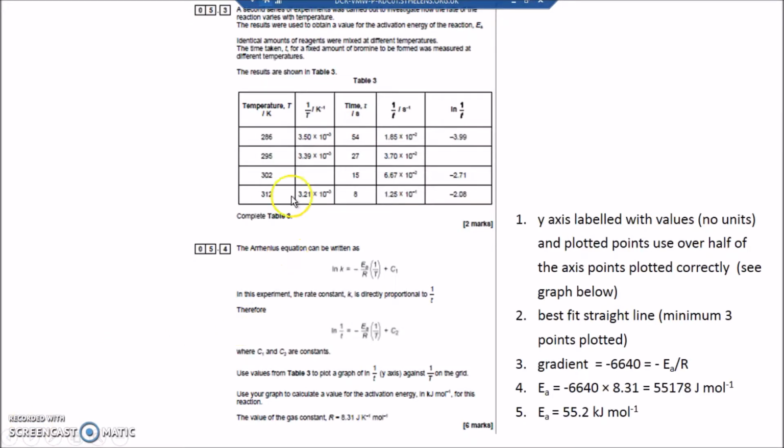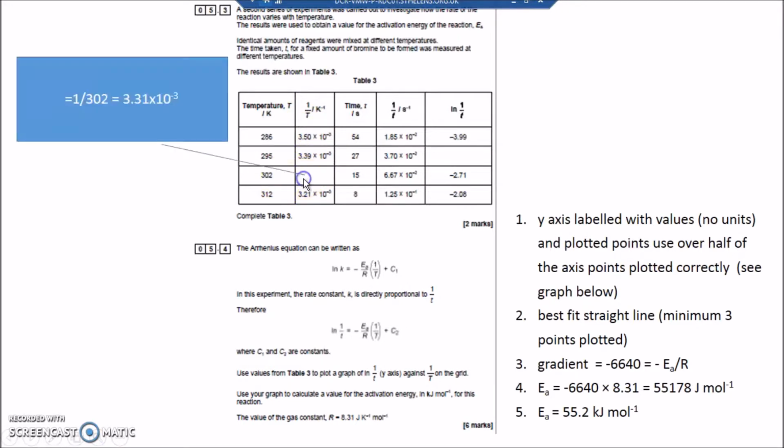Question 5.3 and 5.4. I've got the Arrhenius equation here, and what it wants me to do first of all is take temperature and do 1 divided by temperature. So 1 divided by 302 works out at 3.31 times 10 to the minus 3.